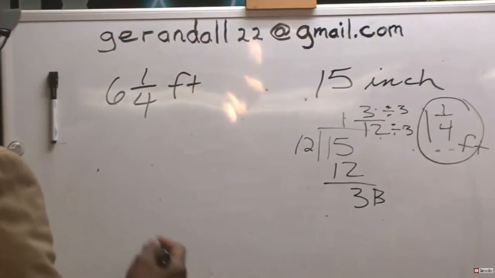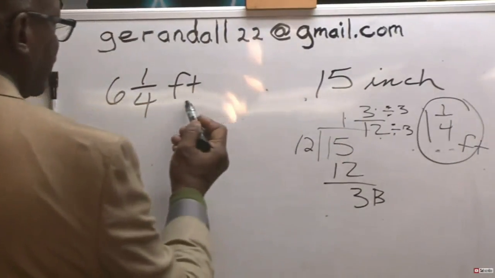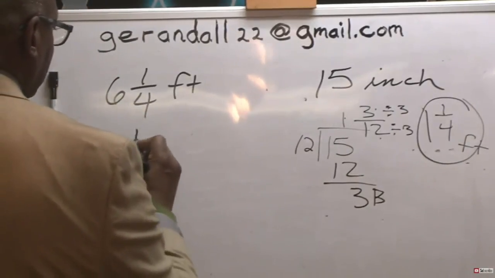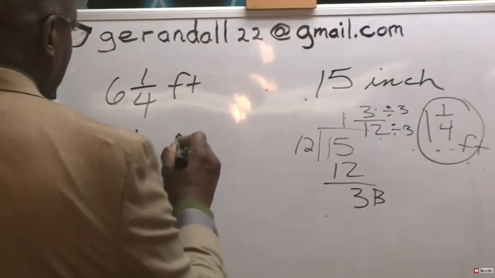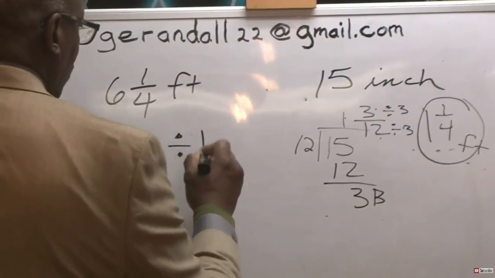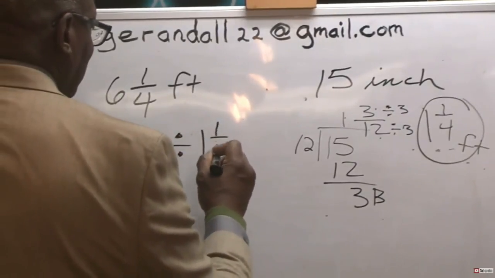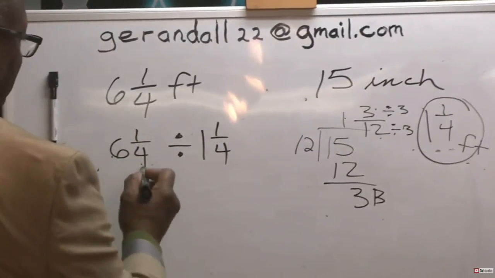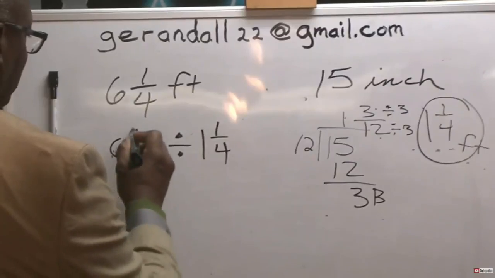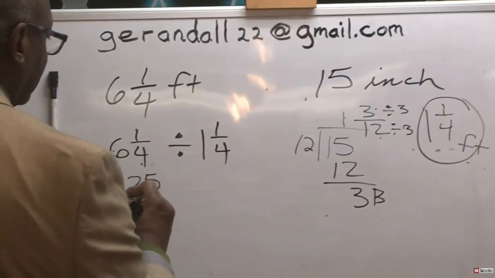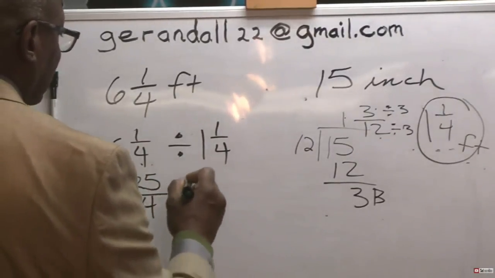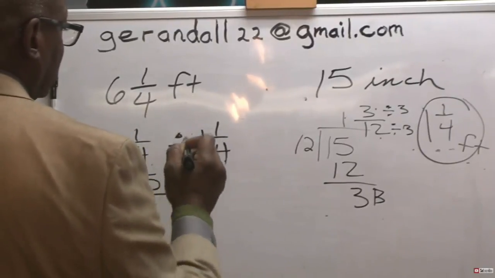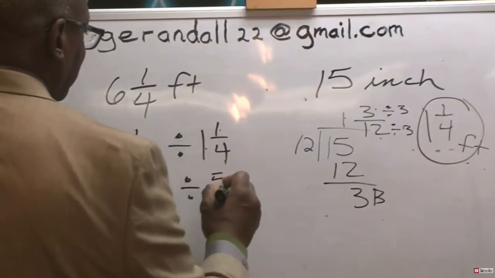Now, we're talking the same language. So, 6 1/4 divided by 1 1/4. Conversion, 4 times 6 is 24, plus 1 is 25, over 4, divided by 4 times 1 plus 1, 5 over 4.